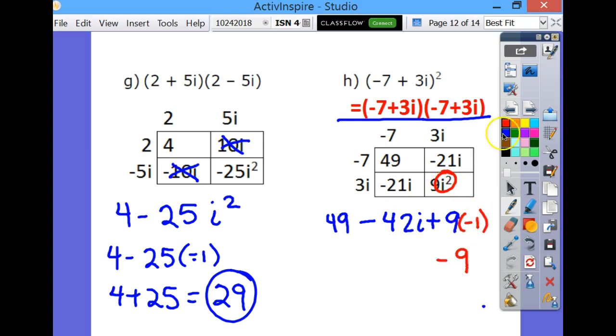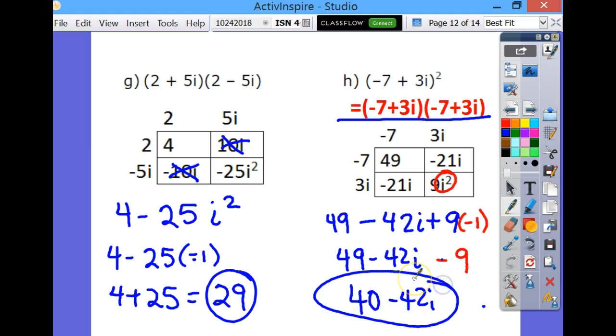So that's going to make the 9 negative. 49 minus 42i minus another 9. So this is going to be my final answer. And remember that the i comes last. If it has a real part and an imaginary part, the imaginary part comes last.